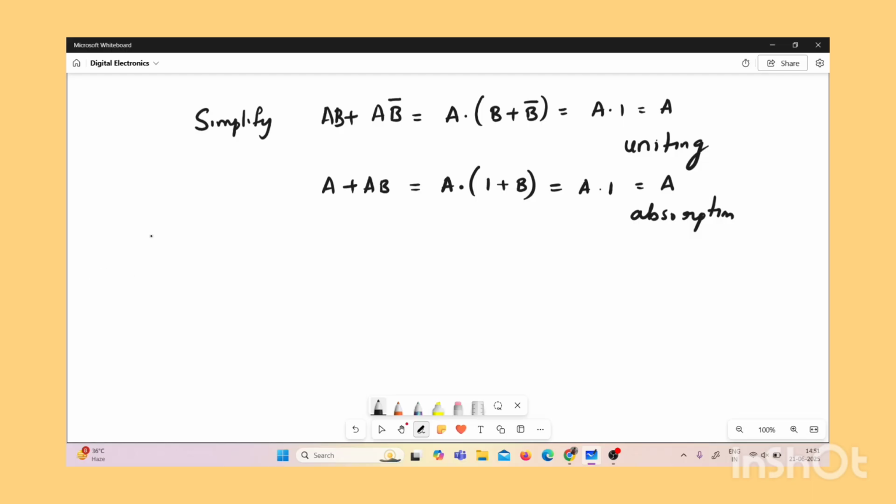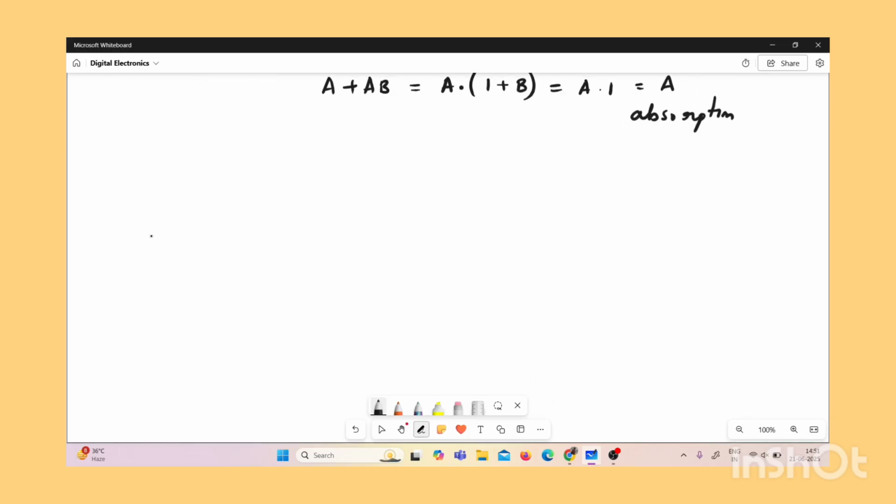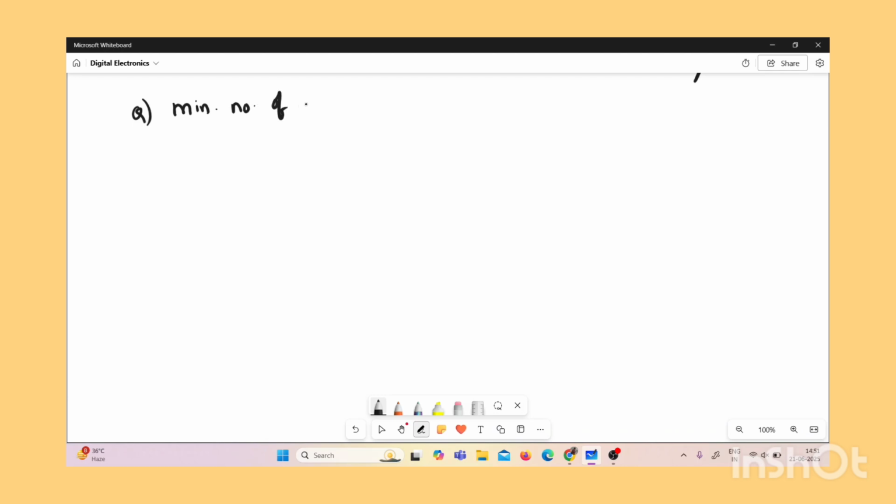Let us see one question. What is the minimum number of NAND gates required to implement the given expression AB bar plus ABC bar plus ABC?